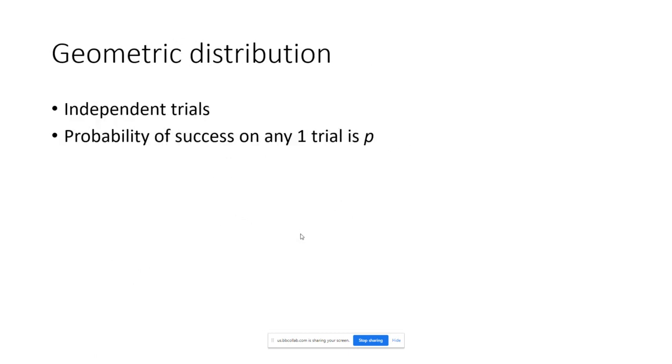So now let's compare that to a geometric distribution. The geometric distribution is good for modeling independent trials where the probability of success on any one trial is p. This bit is exactly the same as the binomial distribution.